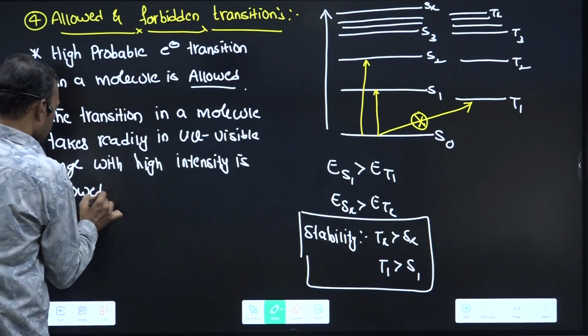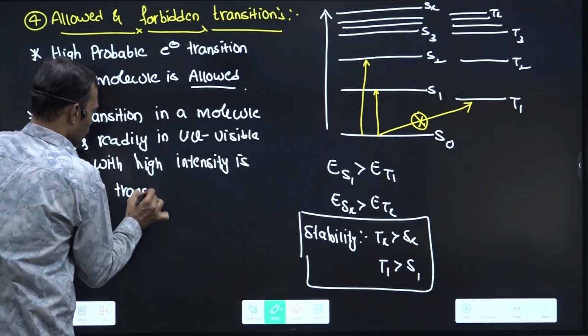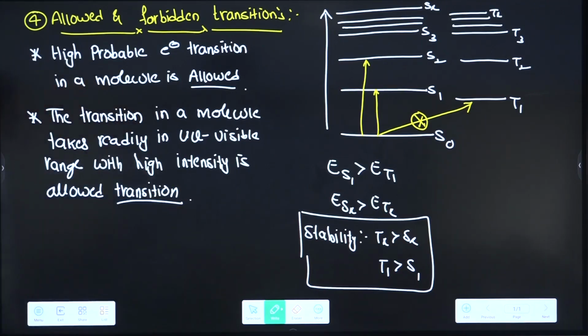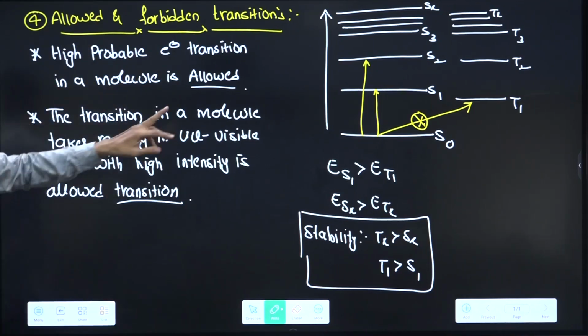So that is the meaning of allowed transition. An allowed transition is nothing but the transition which is more favorable in a molecule, the transition which takes place readily, the transition which will give more intensity. That is called allowed.